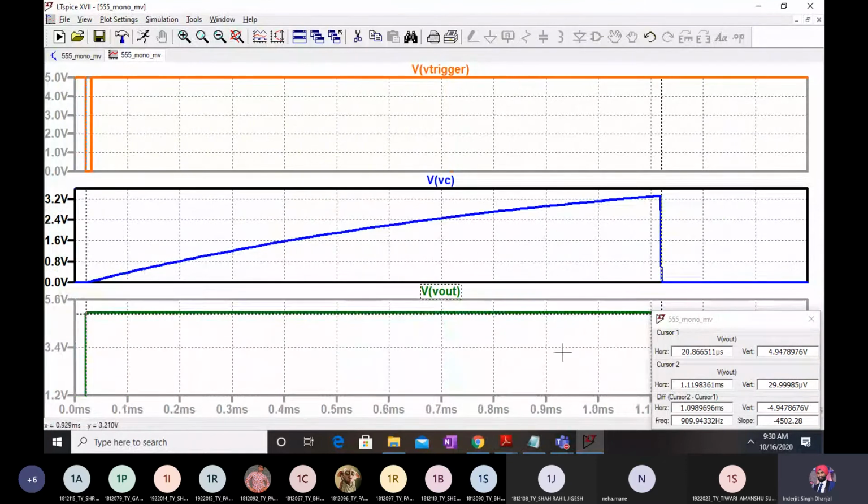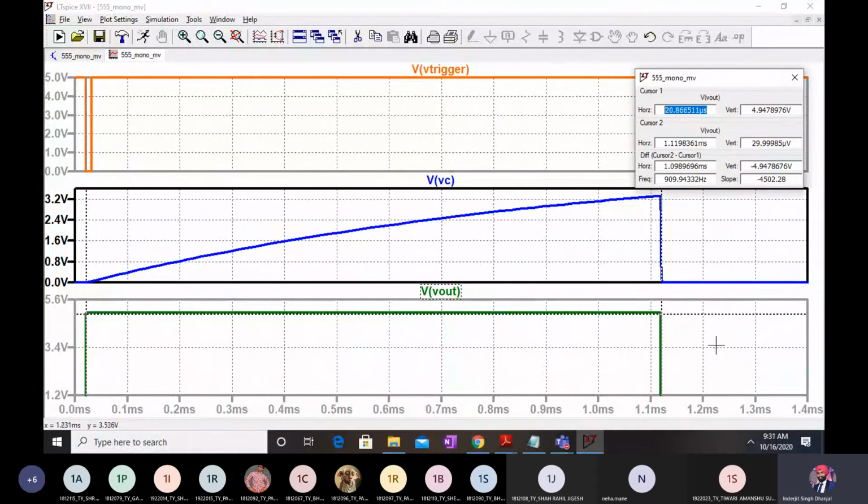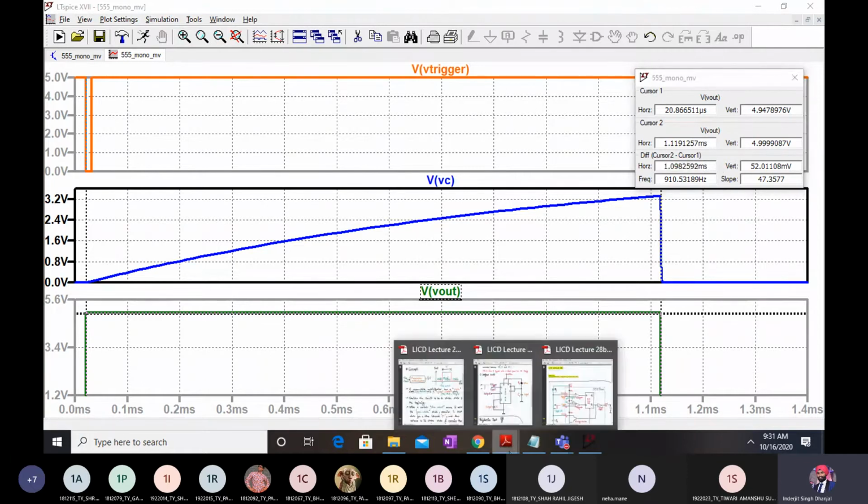Let me maximize this and check. I have to align this to the center, and this also. Yeah, so I'm getting a value of 1.098 millisecond.